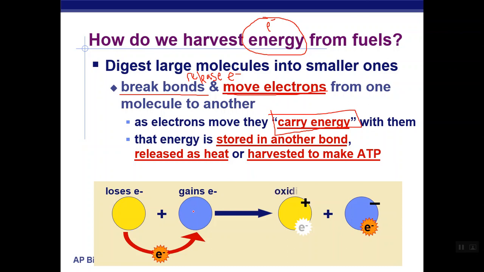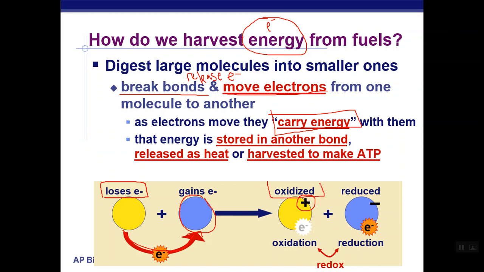So when you do this, and you'll recognize this from chemistry last year or the year before, this is just a redox reaction. If you have this yellow molecule down here that is losing an electron and is transferring it over to this blue molecule, the yellow molecule loses it, the blue molecule gains it. We say that the yellow molecule, which now has a full positive charge, has become oxidized.